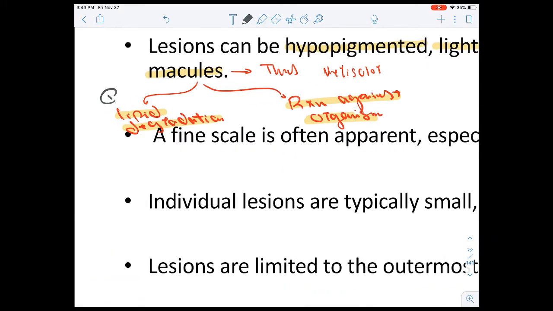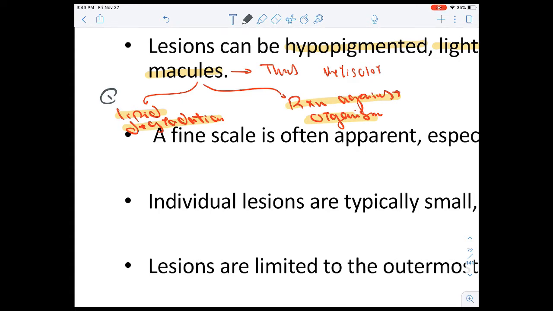It accumulates on the skin and causes lipid degradation, and once you have lipid degradation in the skin, you're going to have toxic material. And this toxic material eventually could harm the melanocytes. If you recall, these are the cells that actually produce the melanin. If you don't have melanocytes, you don't have melanin, you have hypopigmented lesions.